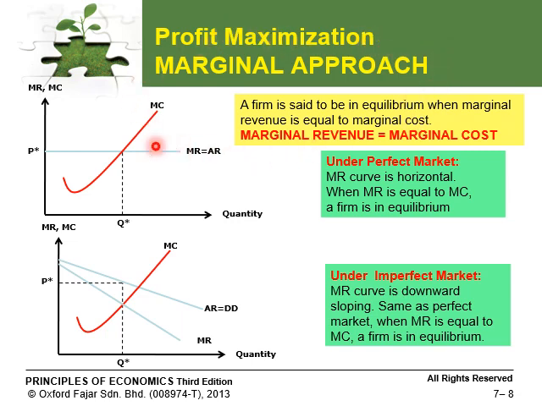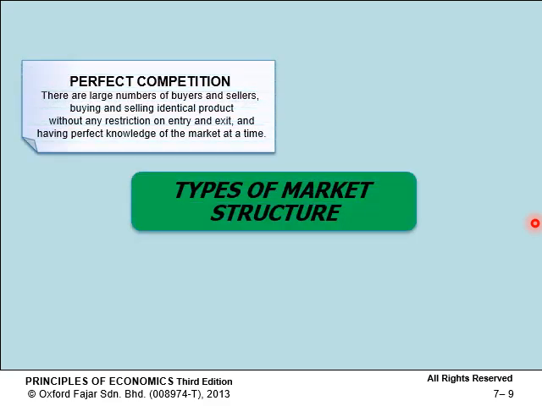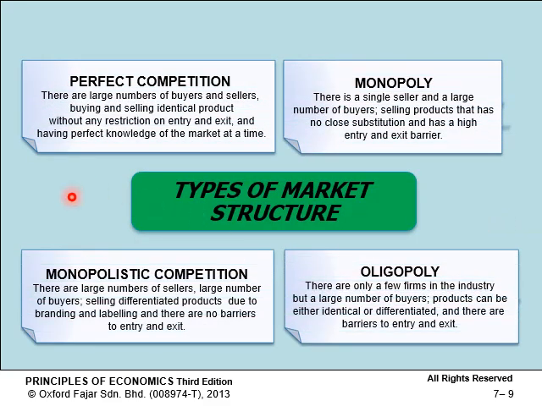There are four types of market structure in this chapter: perfect competition market, monopoly, oligopoly, and monopolistic competition, which I will explain in more detail on the next slide. As you can see, the perfect competition market is referred to this market.